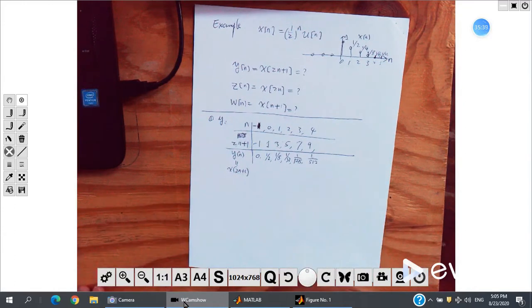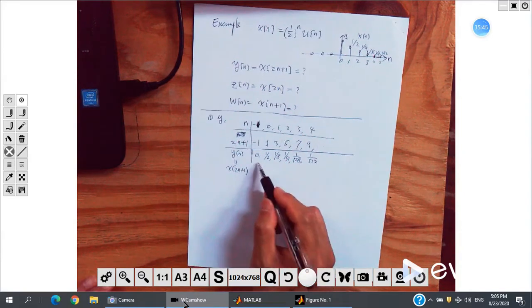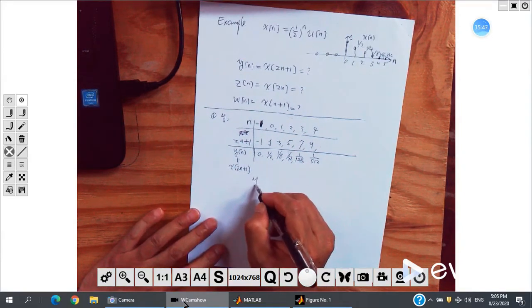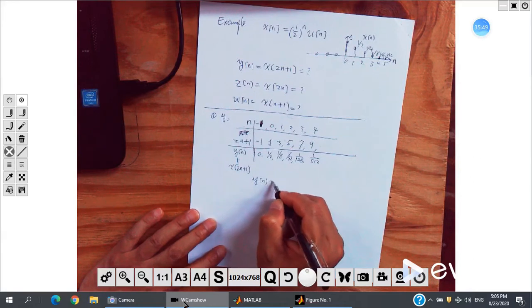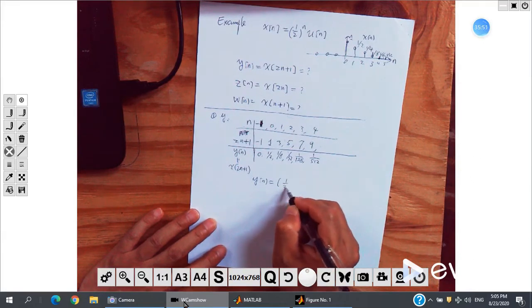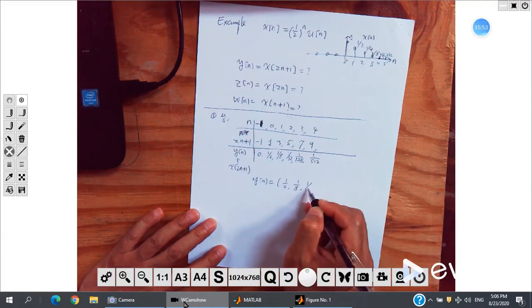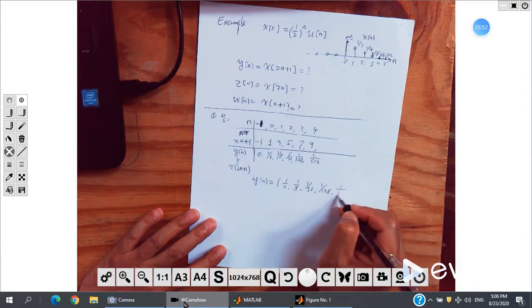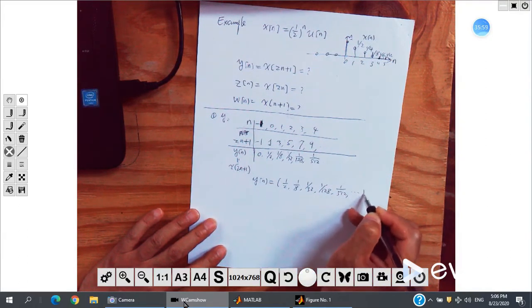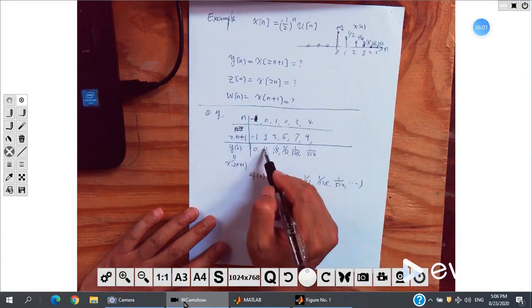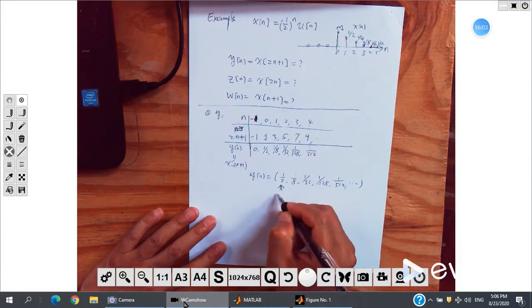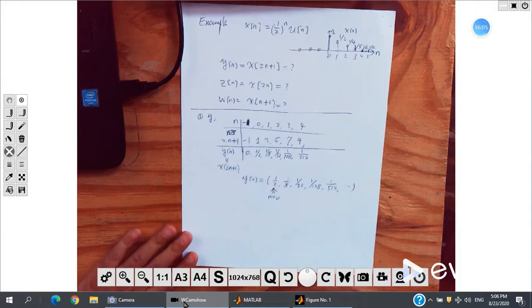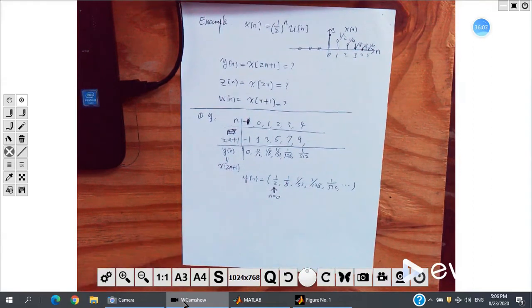So this is y of n. And can we give a formula for this y? Right now it is a list of data. You can write y of n equal to 1/2, 1/8, 1 over 32, 1 over 128, 1 over 512, and so on, and n equal to 0 is this one. You can also give a formula, right?